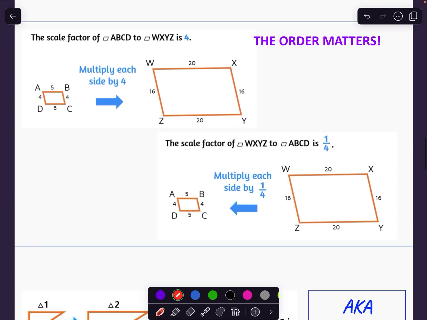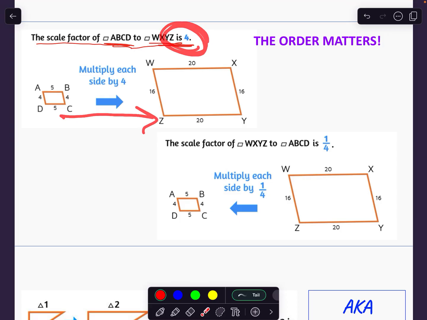So down here, the scale factor of parallelogram ABCD to WXYZ is 4. So here's A, B, C, D. Here's W, X, Y, Z. It's a scale factor of 4. So you're going this way, and that means you multiply each side by 4. 4 is bigger than 1, which means it's getting bigger.